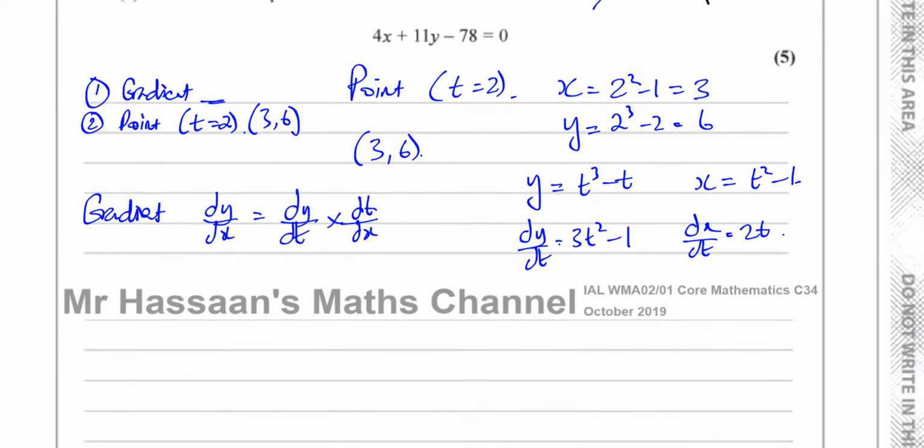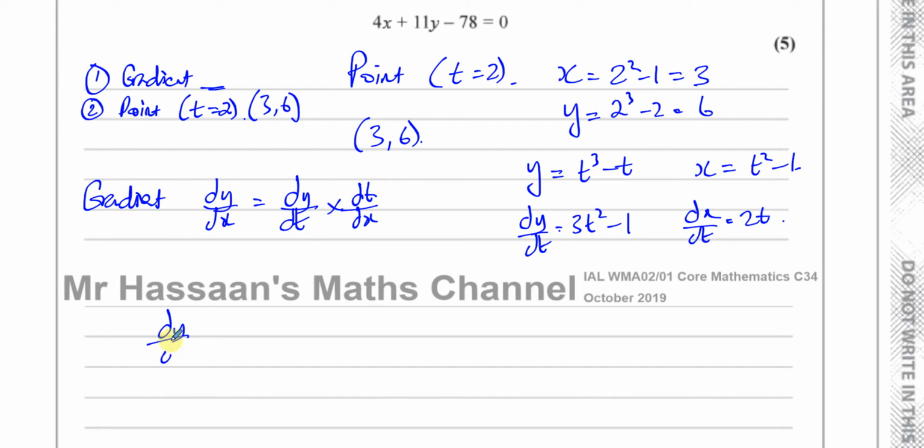So we can say that dy/dx is equal to dy/dt, which is 3t squared minus 1, multiplied by dt/dx, which is the reciprocal of this, so it's like multiplying by 1 over 2t. Now I can see that the gradient of the tangent to the curve at the point where t equals 2 is going to be 3 times 2 squared minus 1 over 2 times 2.